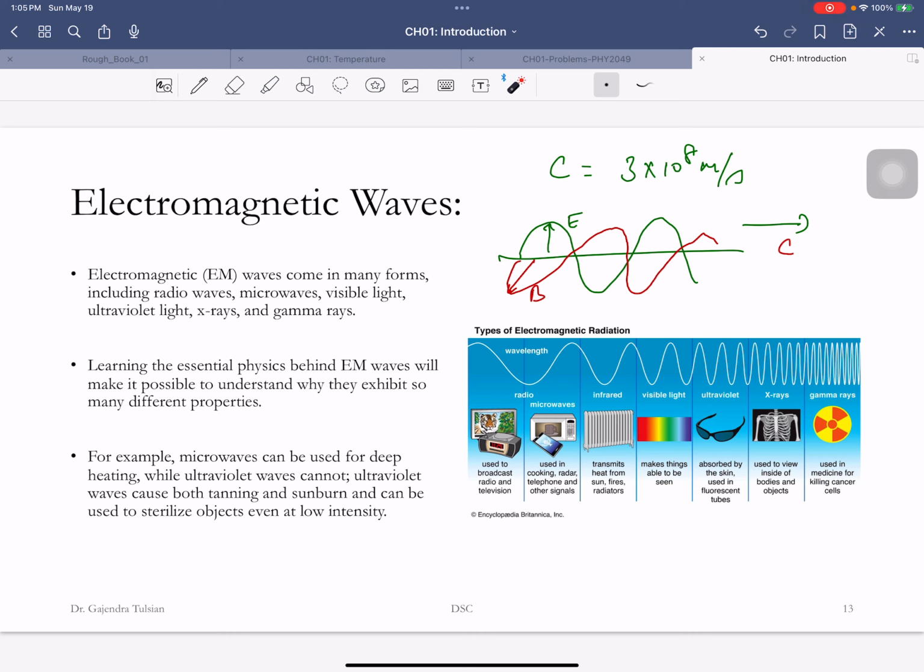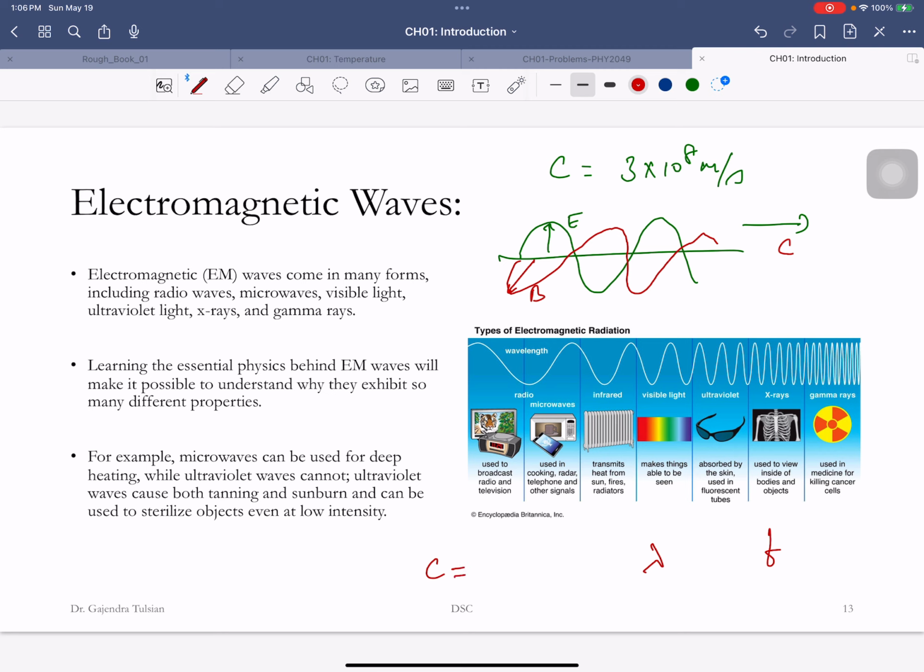So here are these electromagnetic waves: radio waves, infrared waves, visible light, and you can see that as you go to the right, the wavelength is decreasing. Wavelength is denoted by lambda, and frequency is denoted by f.